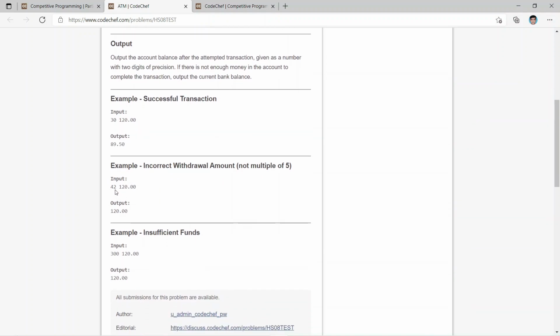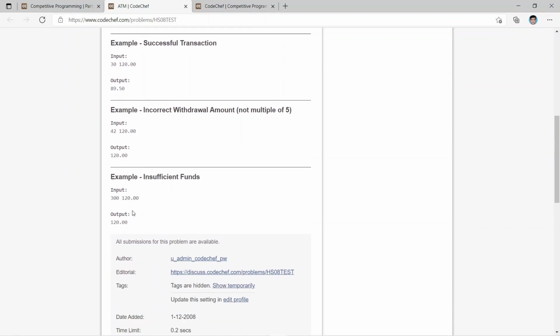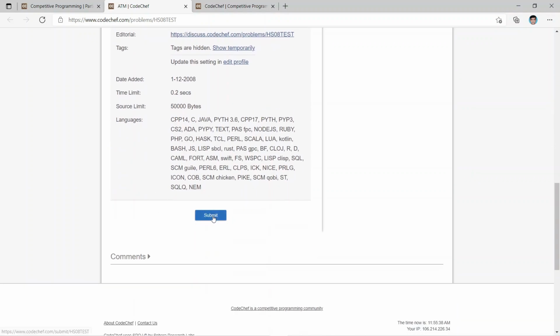In another example she wants to withdraw 42, but 42 is not divisible by 5, so we just return the current bank balance. In another one she wants 300, and in her bank there is not enough money, so again we show the current balance. So from here you can submit it.